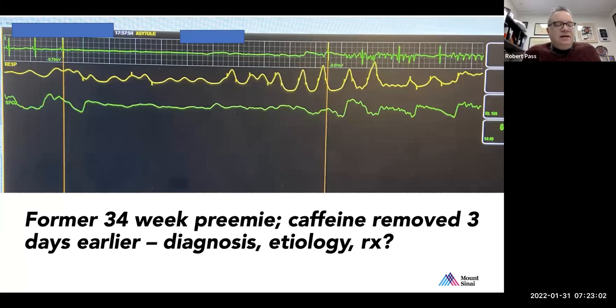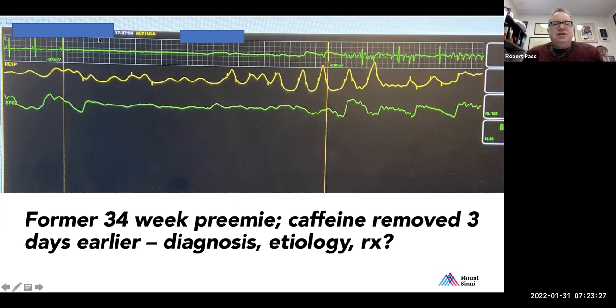Exactly right. So of course, the obvious is to just resume the caffeine, and sometimes in this circumstance, I'll recommend empiric treatment with maybe famotidine or something like that to just see if it will make this problem go away. I believe it did get better after those interventions were performed.